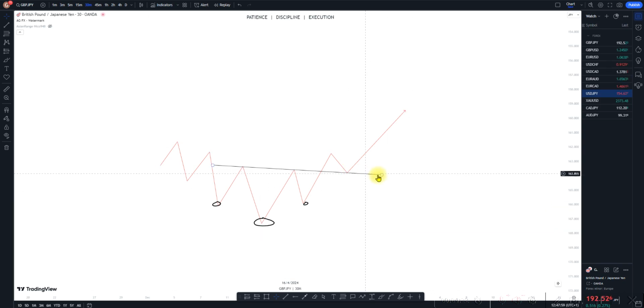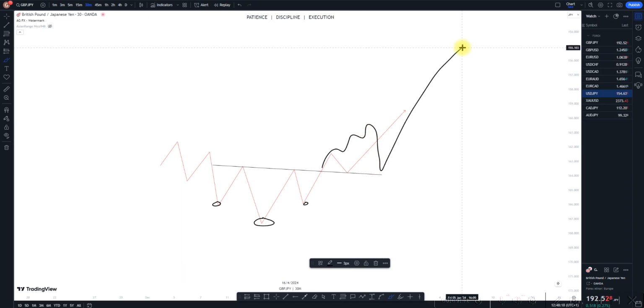The second entry model is going to be waiting for a retest of this. That is, after we must have broken out of that neckline, we broke out here. We wait for the market to do its thing. Then we wait for a retest, and then we enter from the retest.